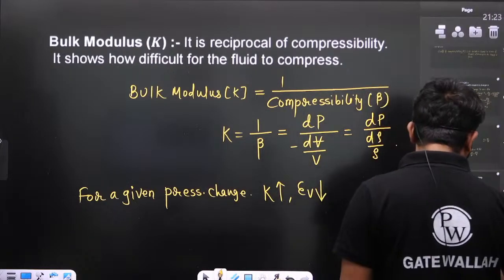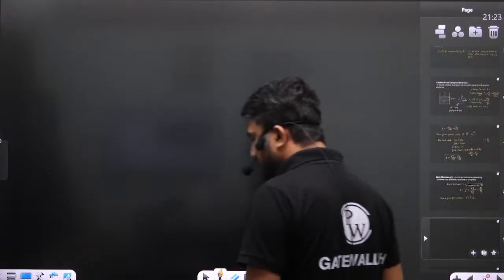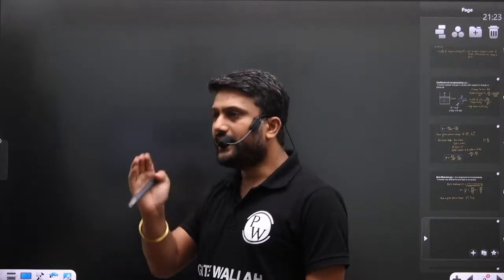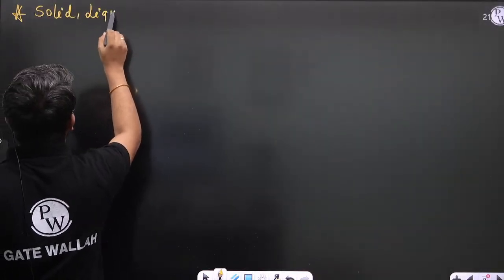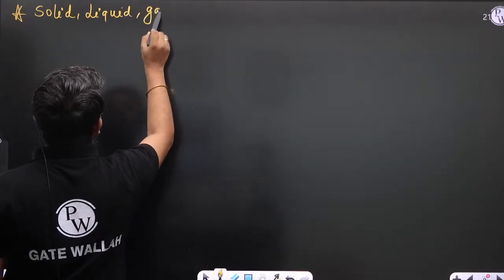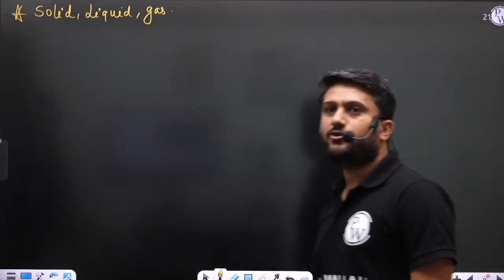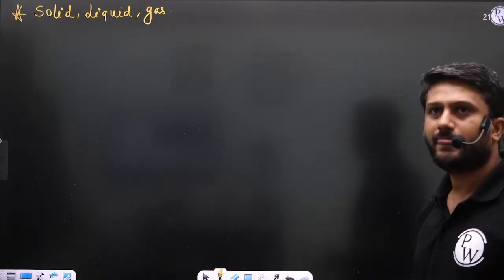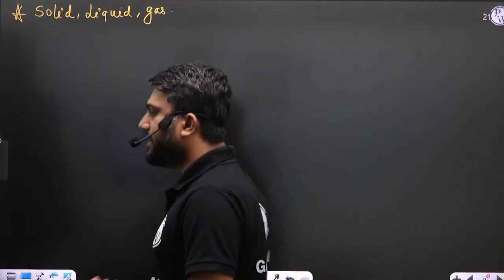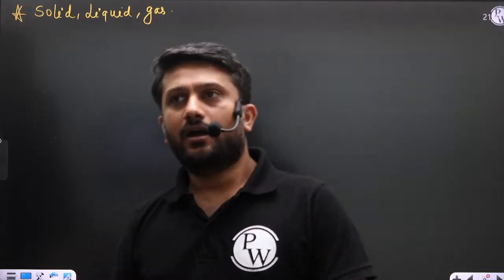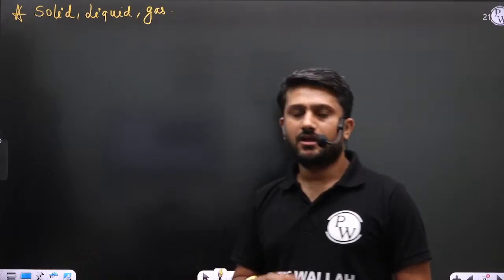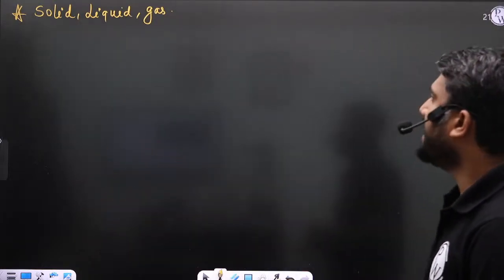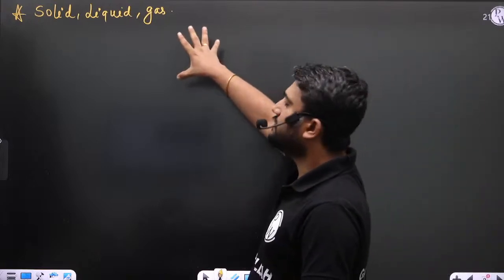Okay. Now if you compare beta and K value of solid, liquid and gas, what is the order? If I'm talking about the compressibility, which one is easy to compress out of solid, liquid and gas?